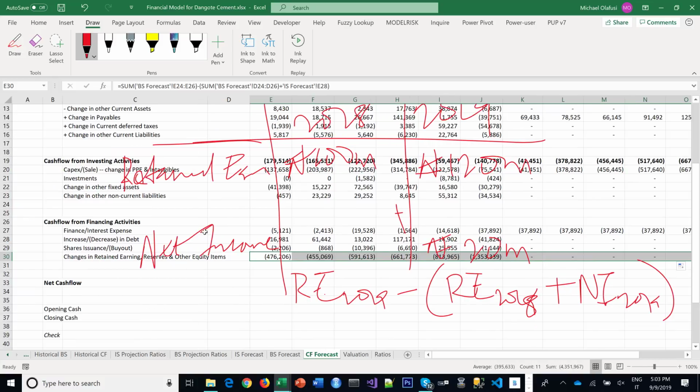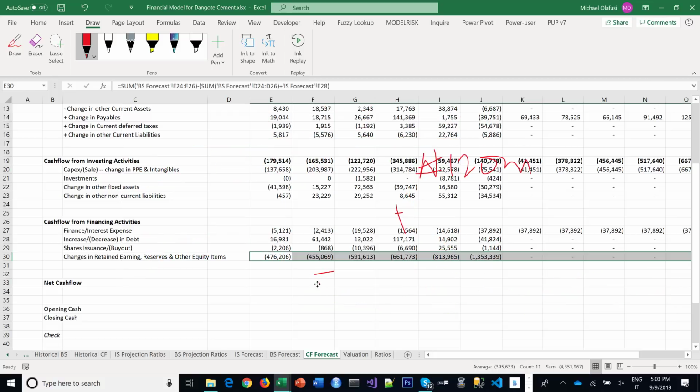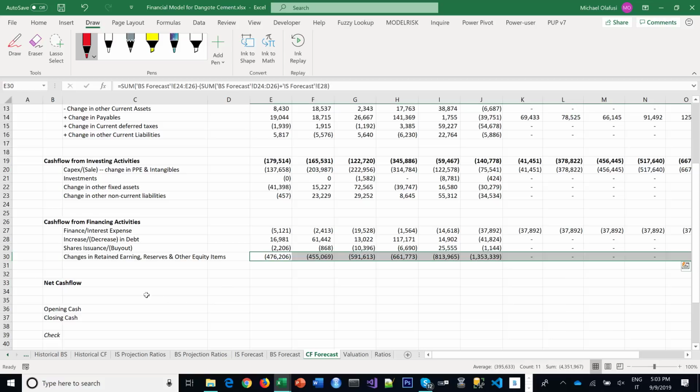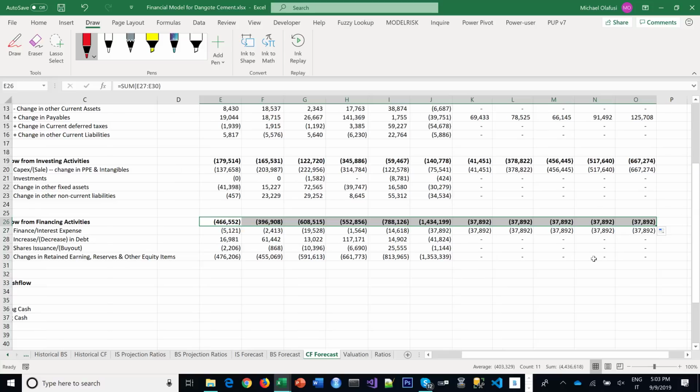And then with this I can compute the net cash flow. Cash flow from financing is going to be the summation of all of these. I make bold, I drag into the future.